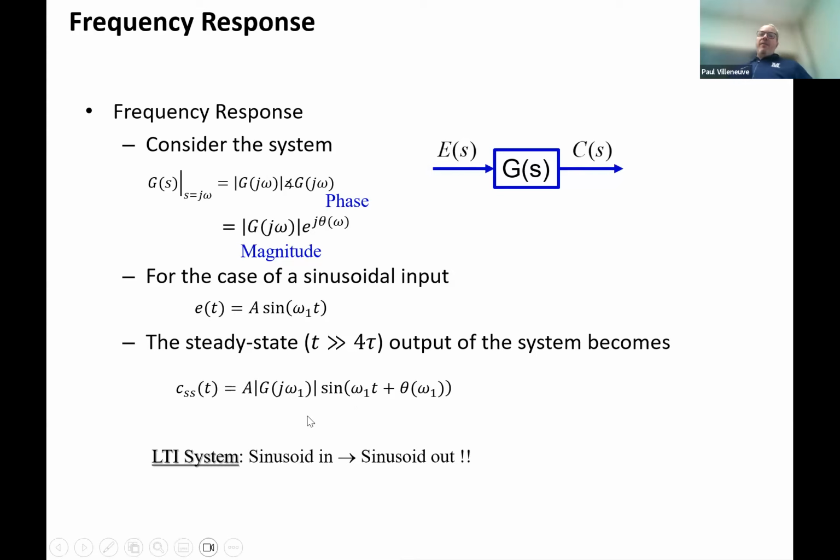So in circuits, even though we talk about band pass or band reject filters, you cannot get a signal out of a system that has a different frequency than the input. If I put in 50 hertz, I can't get 42 hertz on the output. That's not going to work for an LTI or an RLC system.